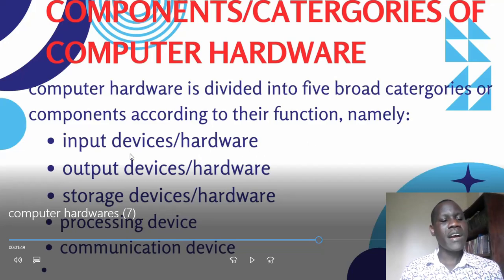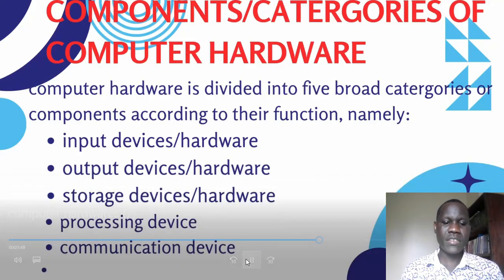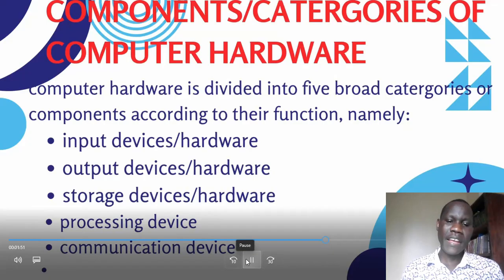Namely, we have the first one, input devices, second one being output devices, the third one, storage devices, the second last is processing devices, then the last one is what we call communication devices. So seeing there are 5, we shall look at them one by one.